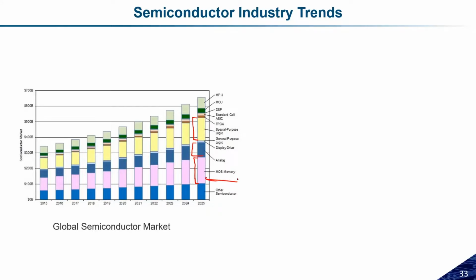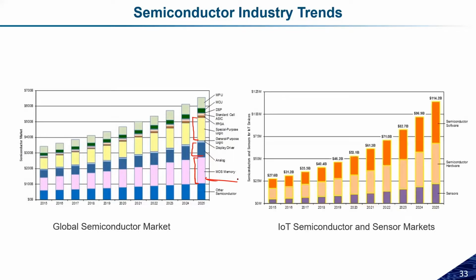Nowadays, instead of a separate processing unit and a separate memory element, the memory itself can act as a processing unit. This technology is known as in-memory computing, and it is the future. I will discuss in-memory computing and other things in later classes.